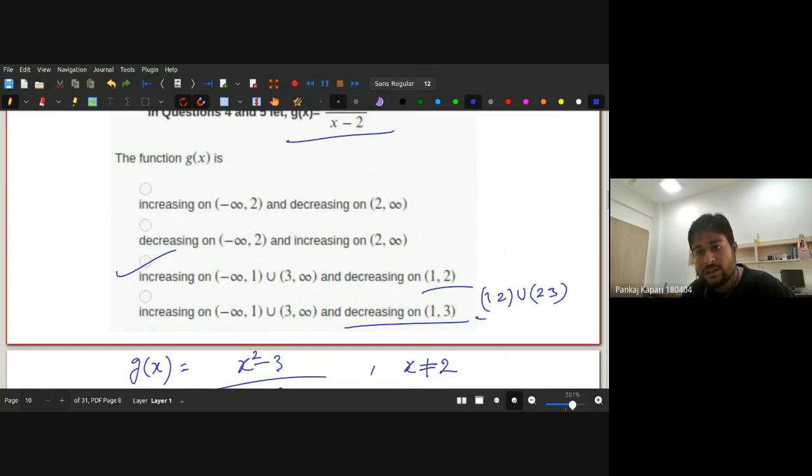Okay, so this is a union, and this union is not equal to 1 comma 3, because 2 is missing. Here 2 is missing because on both sides we have open intervals, but this one contains 2, and this does not contain 2.